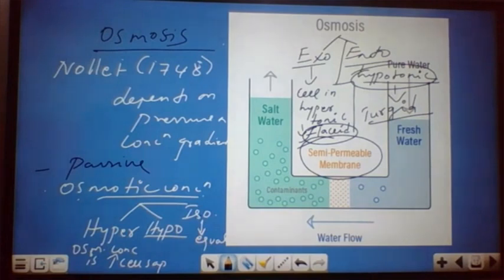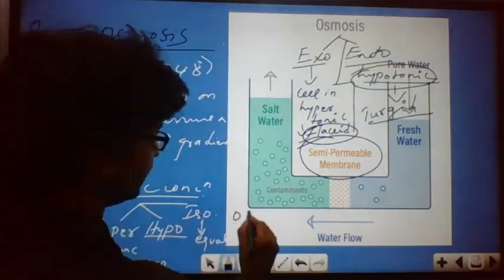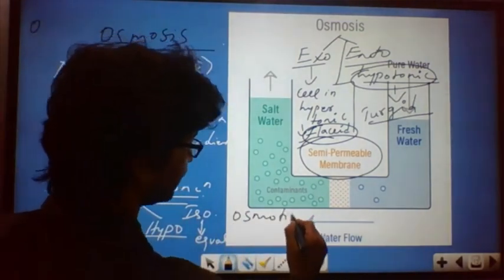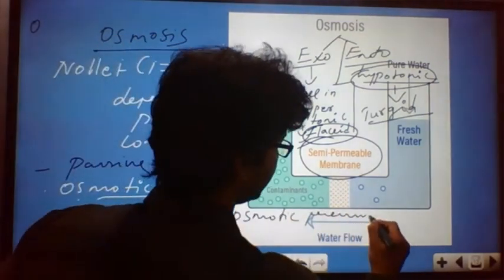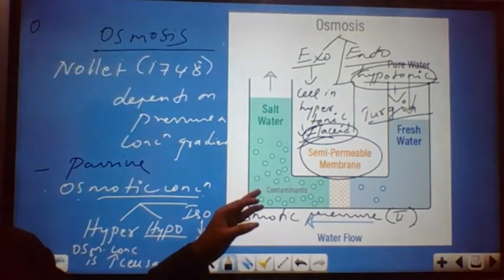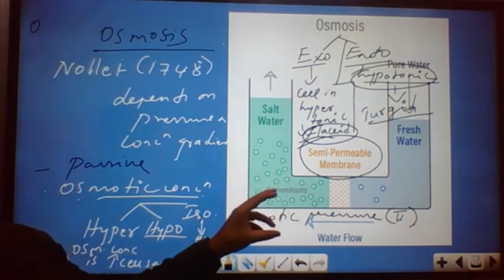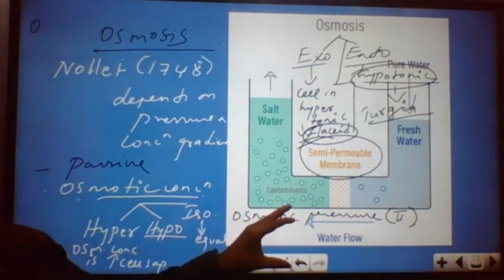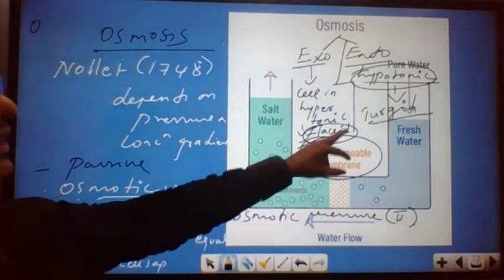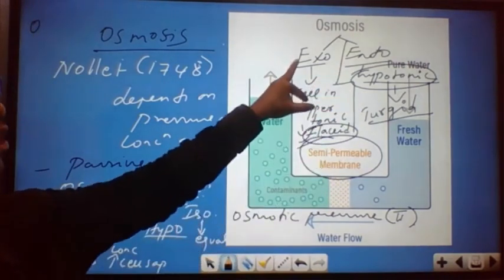Coming to osmotic pressure. Osmotic pressure is denoted by the symbol pi. It is turgid in endoosmosis and flaccid in exoosmosis.